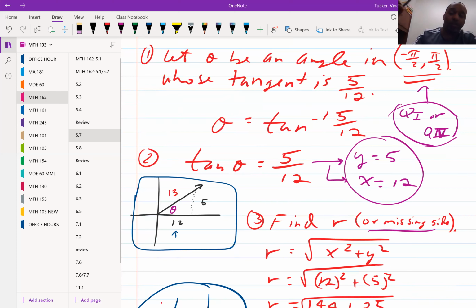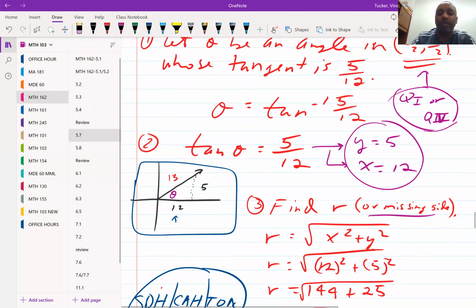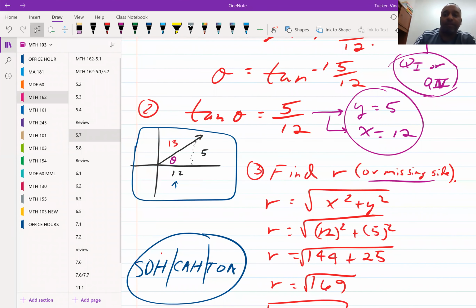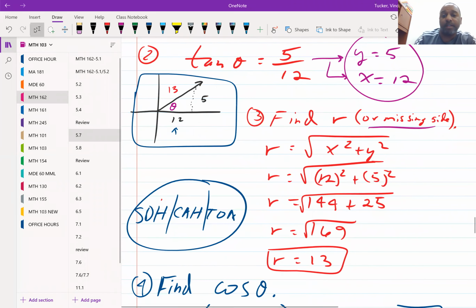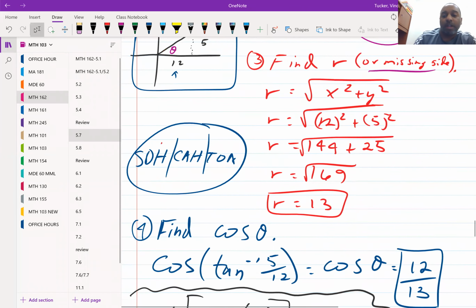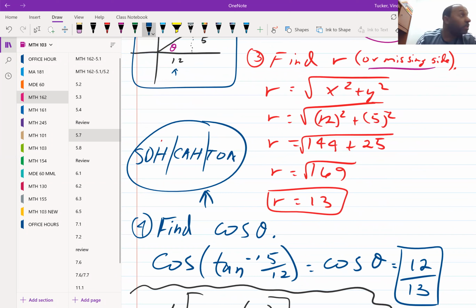That 5 over 12 is y 5, x 12. Positive 5 and positive 12 puts us in the first quadrant. That's what I was emphasizing here. Find r, because that was our missing side. It gave us 13. And then from there, we apply SOHCAHTOA for our cosine, which was sitting on the outside of our relationship.